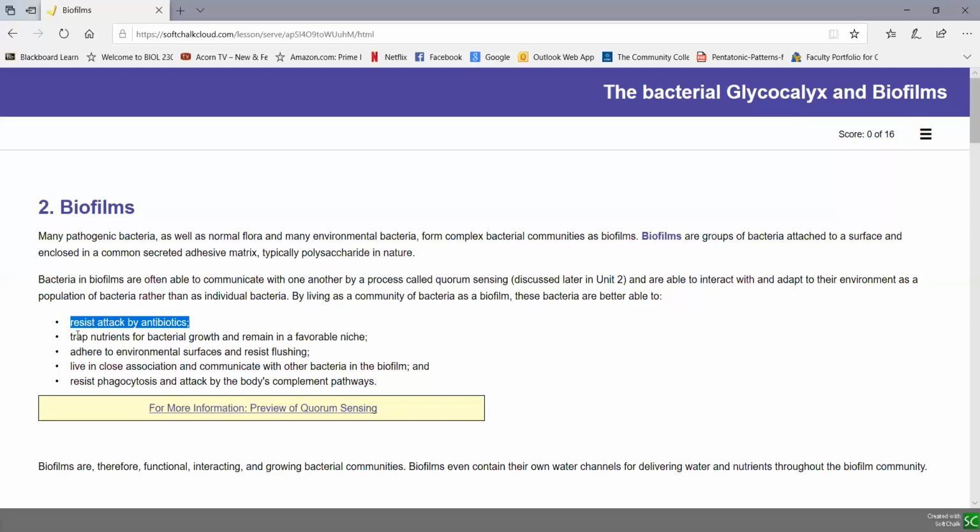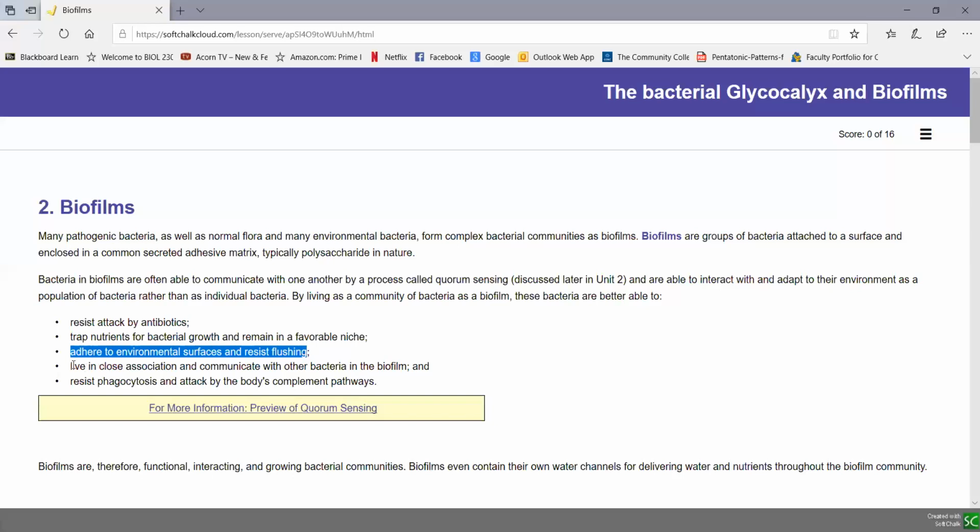Secondly, that biofilm traps nutrients for bacterial growth, so they remain in a favorable niche. They eventually start producing enzymes and toxins that can damage the cells they're adhering to, so nutrients leak out and start feeding the biofilm. And of course, as we just saw, the biofilm can adhere to environmental surfaces such as cells in the body or the teeth in the case of plaque and resist flushing.